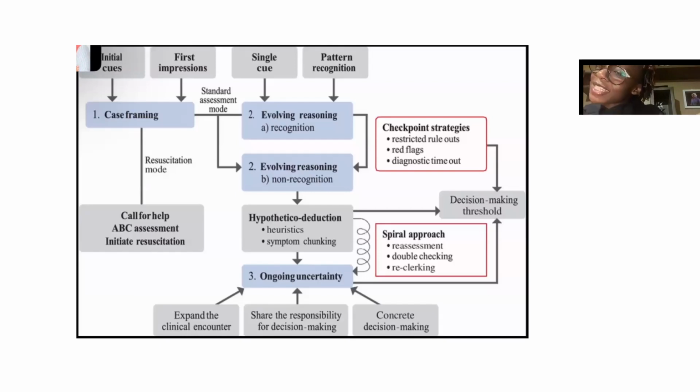So sometimes, what do you do? You might want to expand the clinical encounter. Now, I know in the emergency department, you might not have that space because having patients there for a long period of time, you're taking up space for other patients, and you need to quickly clear patients, but sometimes expanding the clinical encounter might help. And in this study, they saw that expanding that clinical encounter to about 4 hours helped a lot.